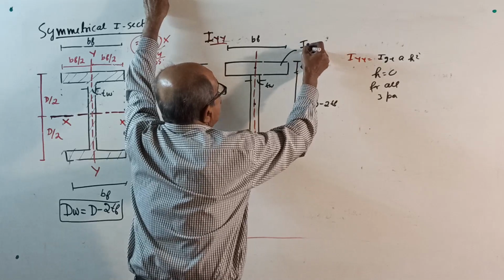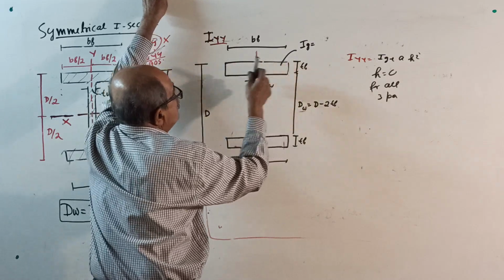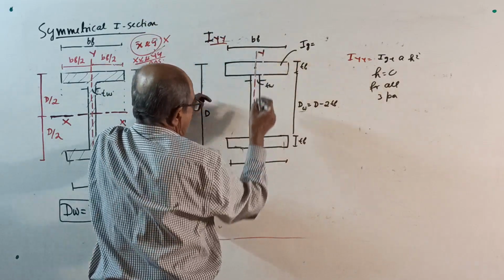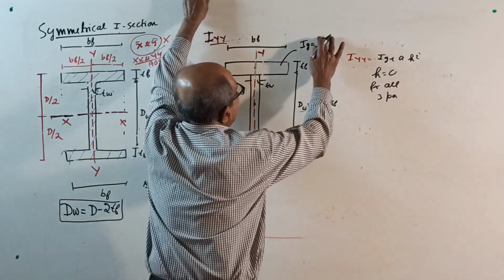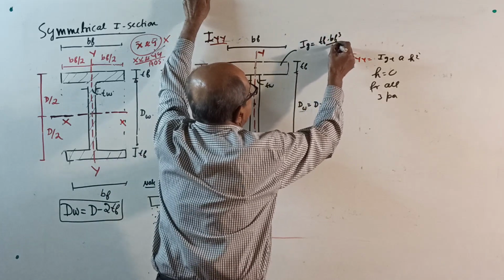So for this one, your Ig equals Tf into Bf cube by 12, about YY. For this one also, Ig equals Tf into Bf cube divided by 12.